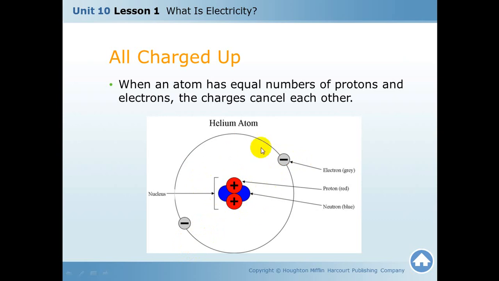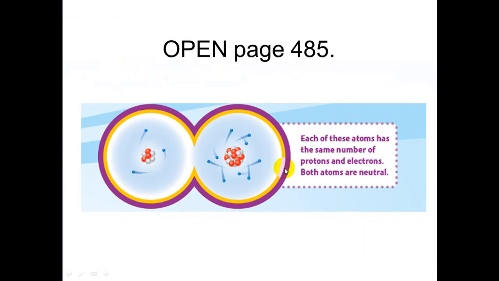There is no charge for the atom because it has an equal number of protons and electrons. At first, to explain more about atoms, please open page 485. The first picture on this page tells us that some electrons of atoms can move from one atom to another atom. Here we have 2 atoms. Each has the same number of protons and electrons.